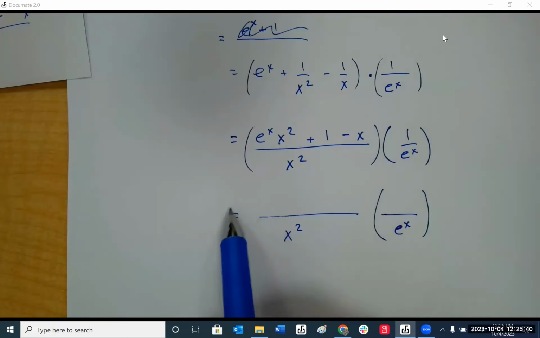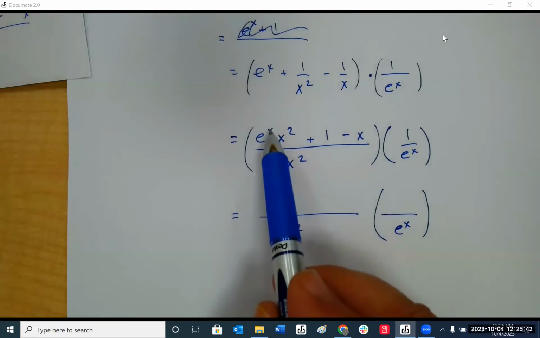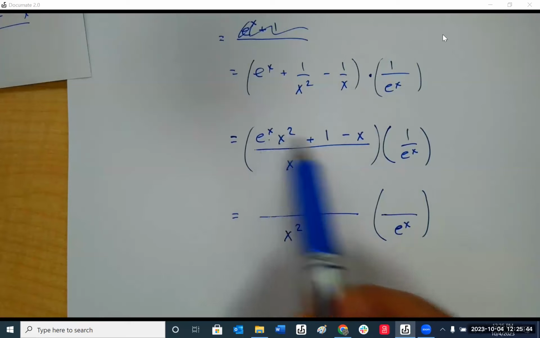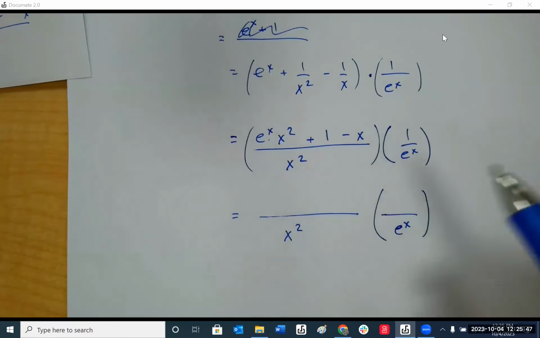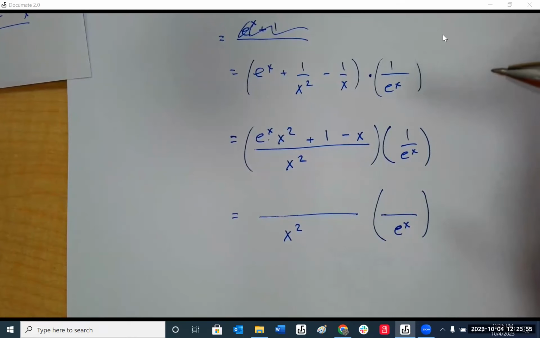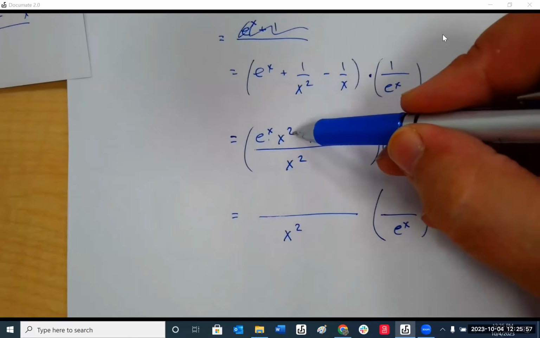If I multiplied everything by e to the power x, then this would be e to the power x squared, and that's not what I want. I want x squared by itself.